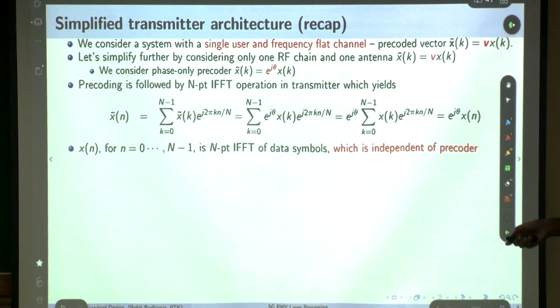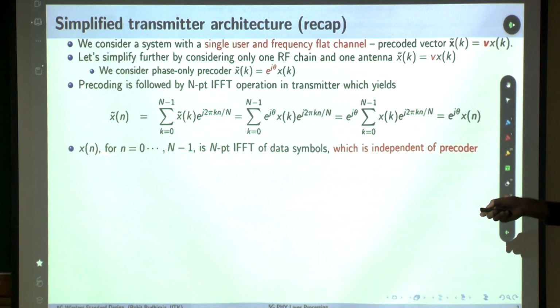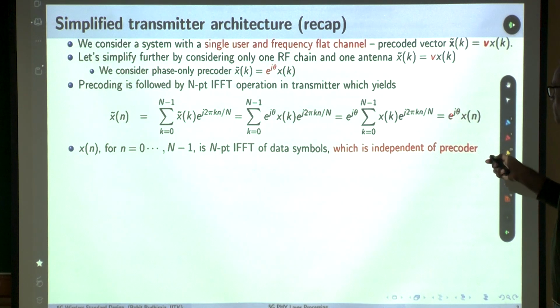So this is x of n. What we are saying is this is the N-point IFFT, which is independent of the precoder. When I say independent of the precoder, this precoder is the same for all n values, because we treated it as a constant across frequency. It turns out that it is becoming constant for time also.